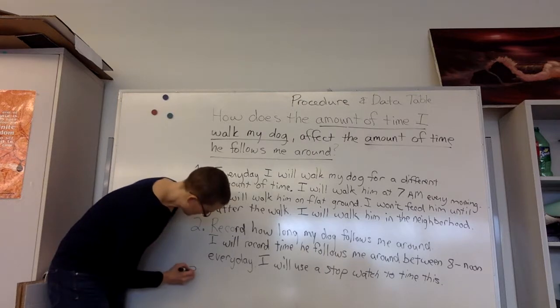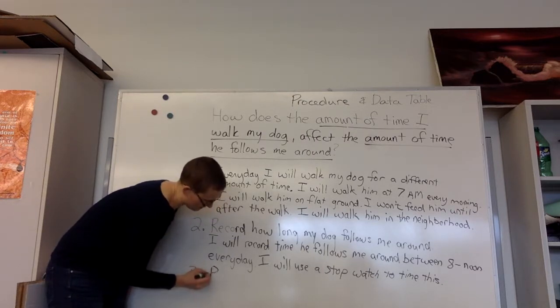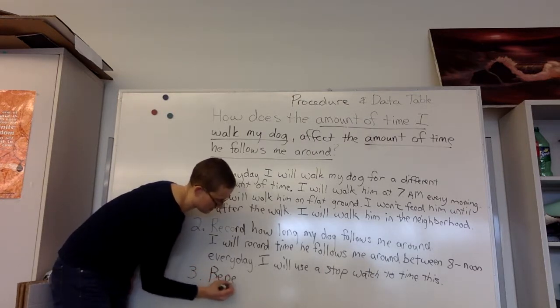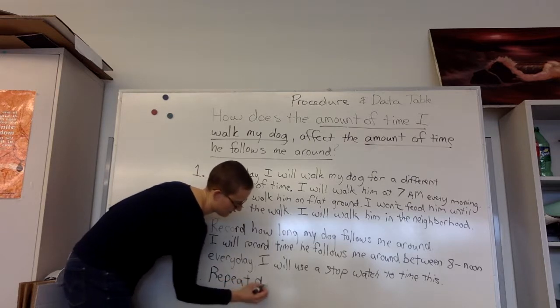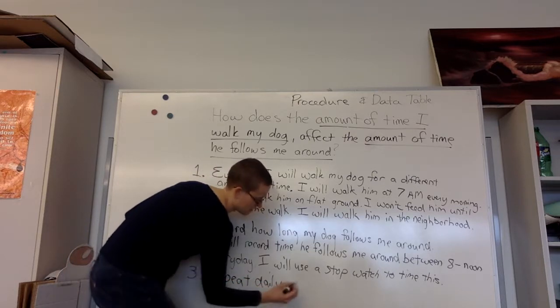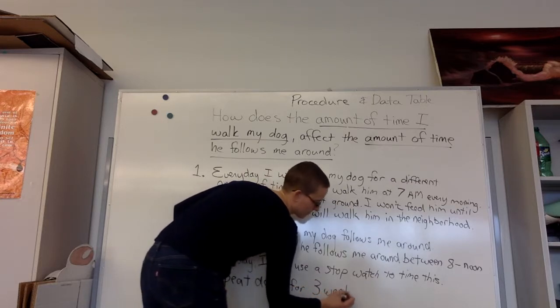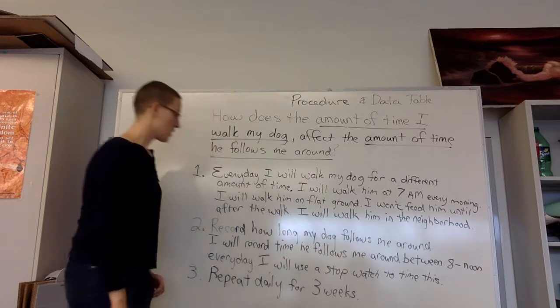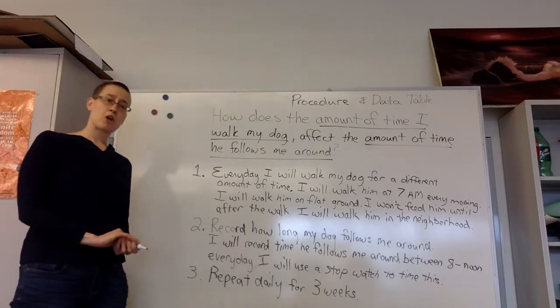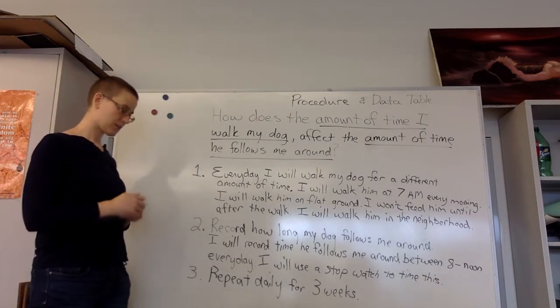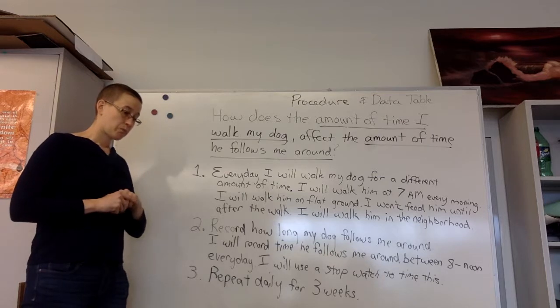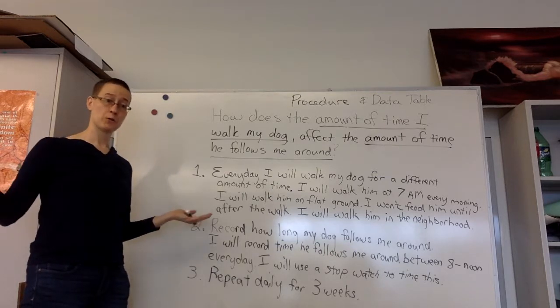The last thing I'm going to say is that I'm going to repeat this every day for 3 weeks. The reason 3 weeks is because that's about how long you have to collect your data. 3 weeks probably isn't long enough over the course of time.